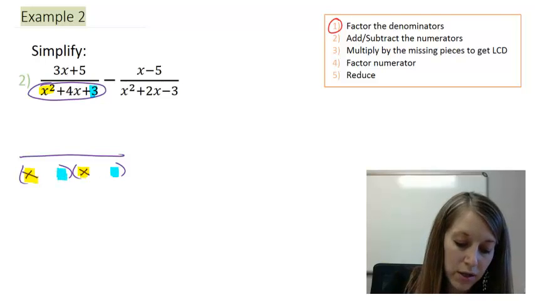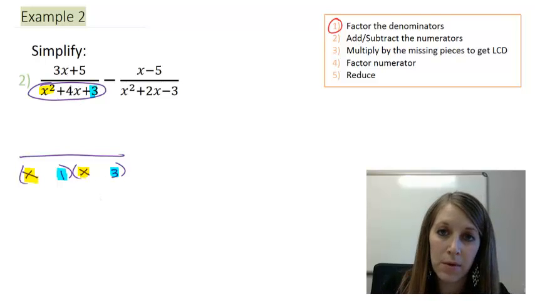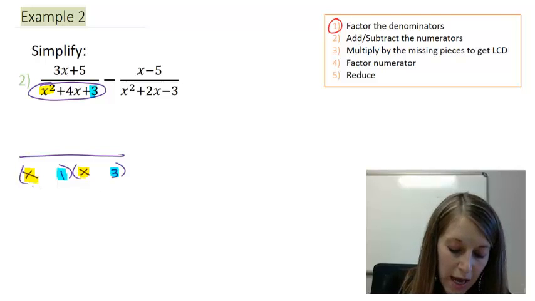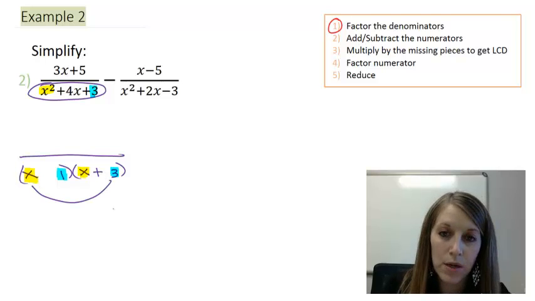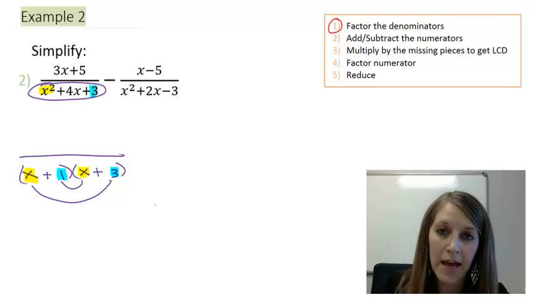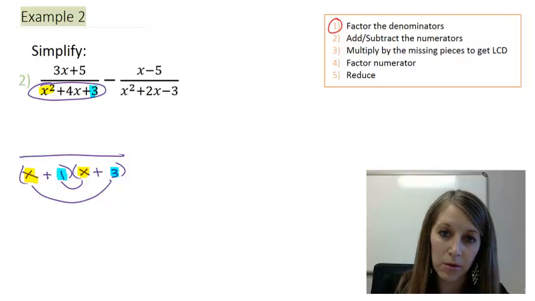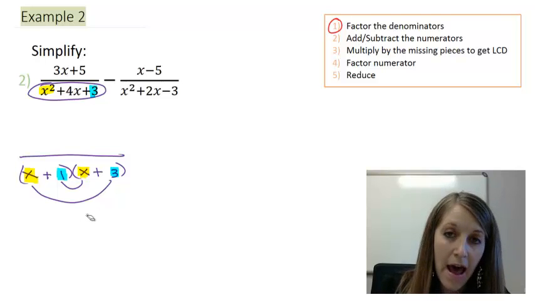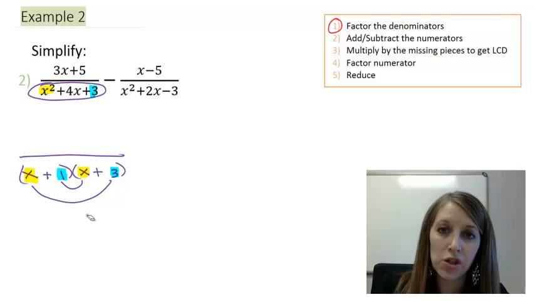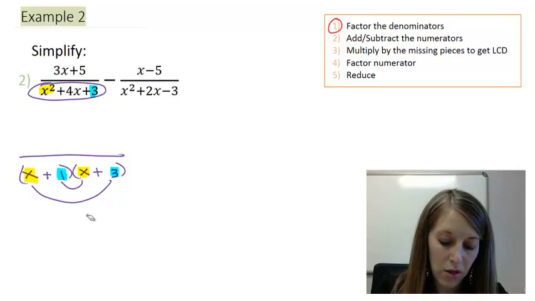Again, I only have one choice, a 1 times 3. And I want to end up with a positive 4x in the middle. So if my outside is a positive 3x and my inside is a positive 1x, those add to give me the positive 4x in the middle. So I have factored my first denominator, and I factored it completely. I cannot factor it any farther.